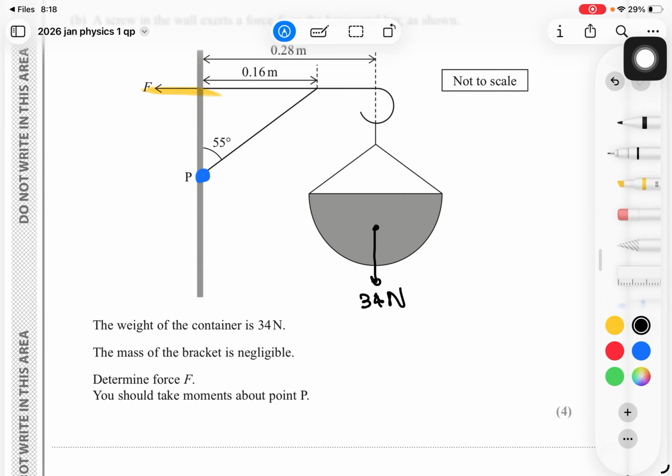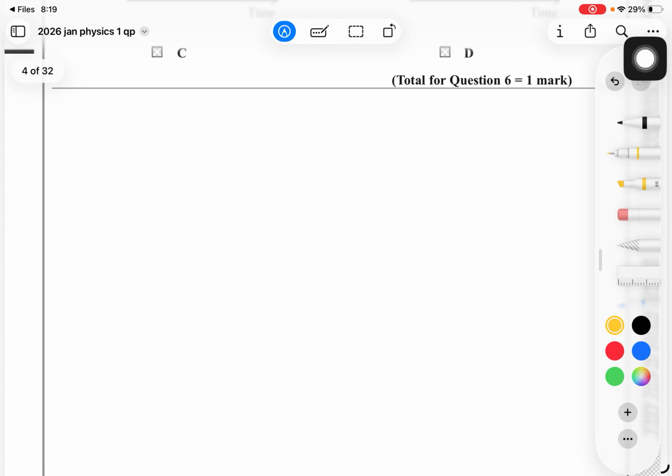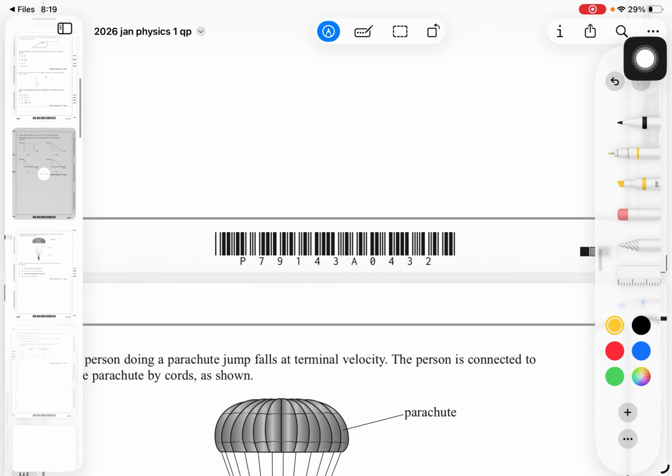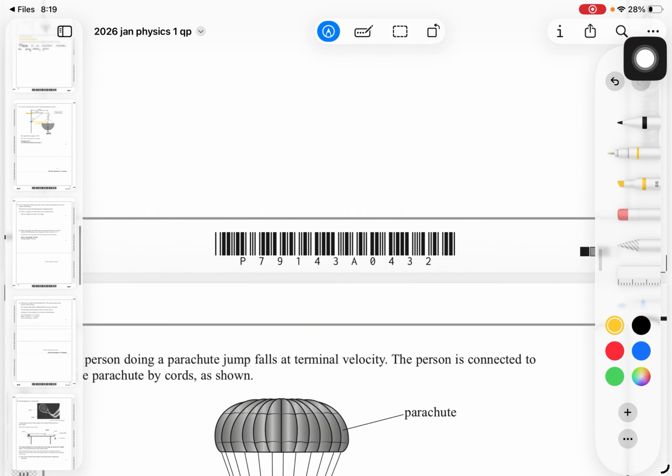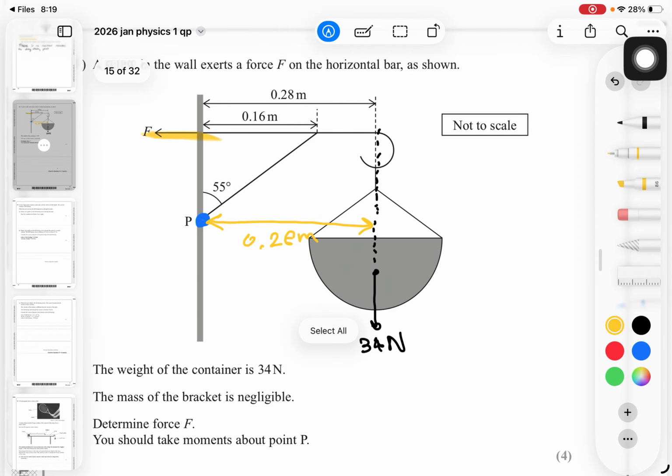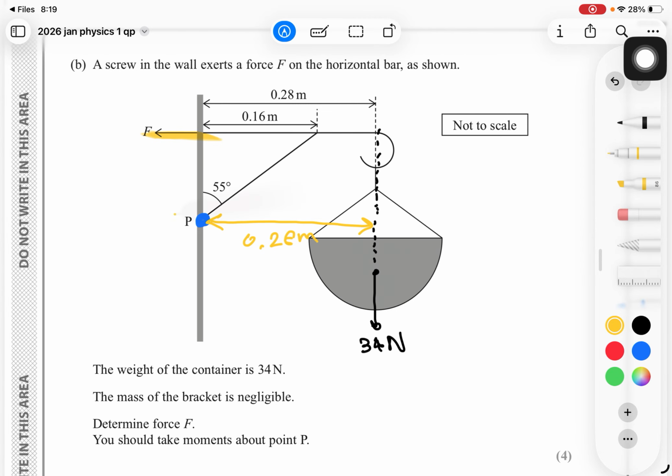So if I extend the line of the weight, the perpendicular distance between P and the weight would be 0.28 meters. And this one would be from point P to F.